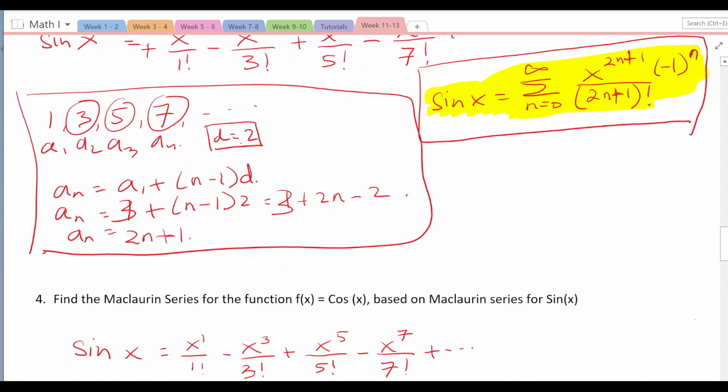This is indicating we have an alternating sign, positive, negative, and so on.